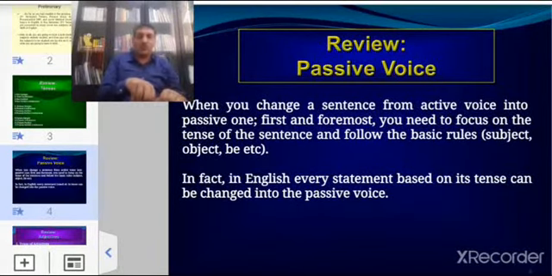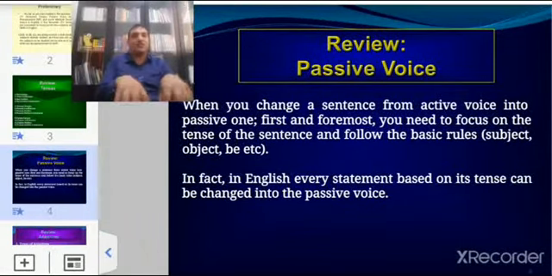How come? When we change it, for example, from present simple into passive, in this case, for example, he goes to school. School cannot be changed actually, but you can say he drops him off to school.